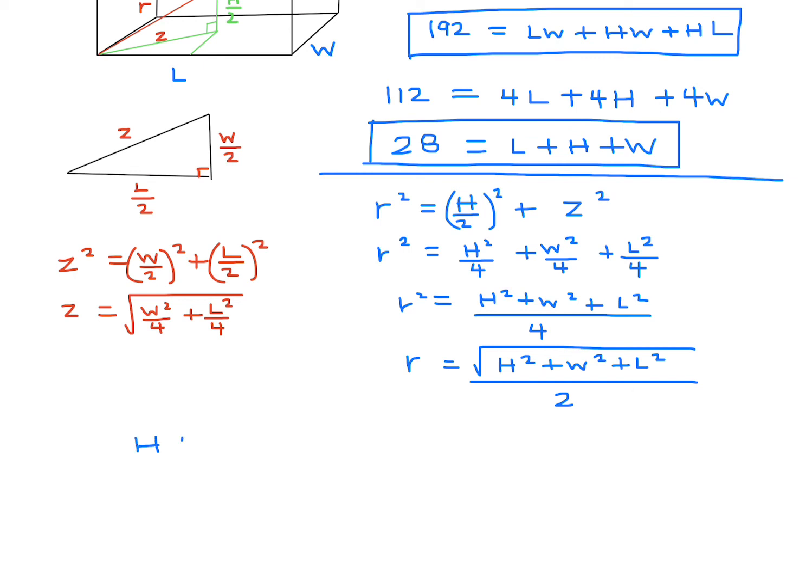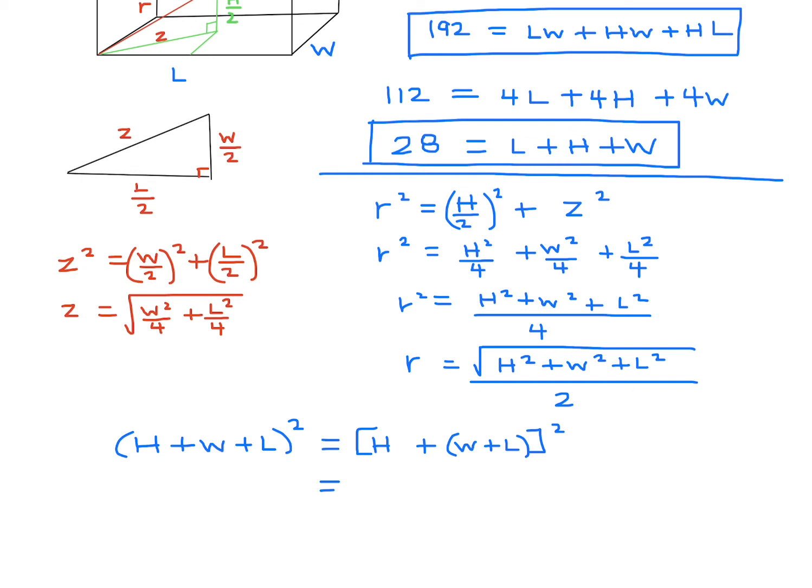If you take H plus W plus L and you square it, you'll be able to figure out this whole question. Let's do that. Well, it's H plus W plus L all squared, correct? Nothing fancy. There's no tricks in this one, I promise.